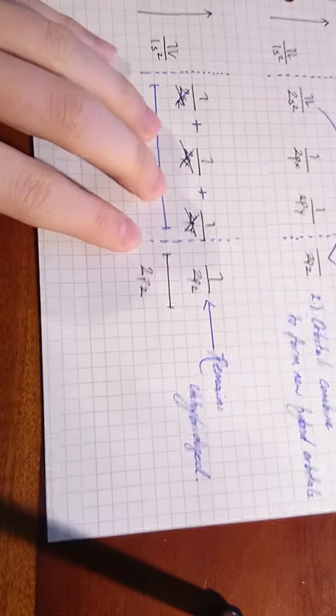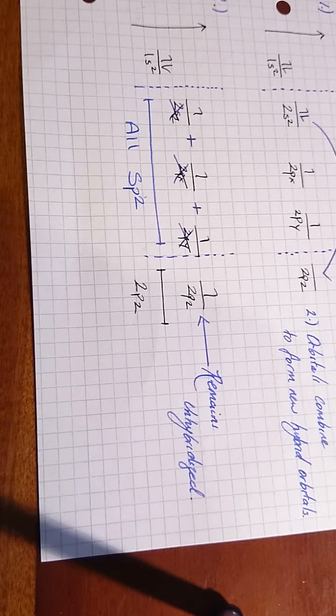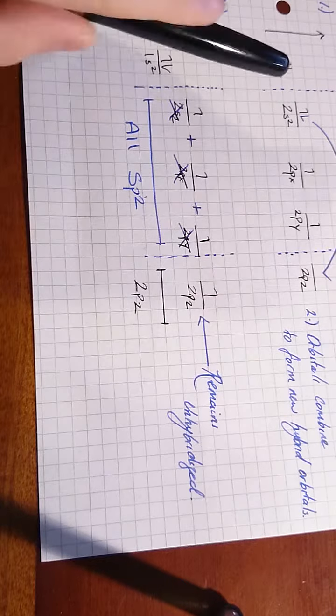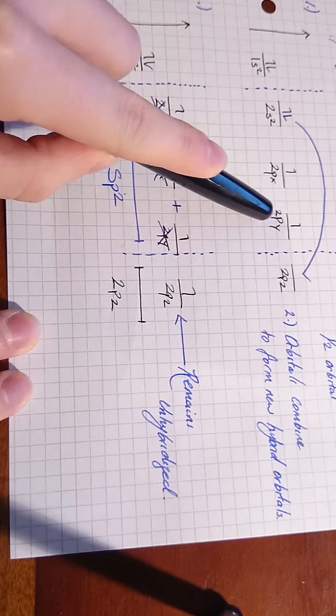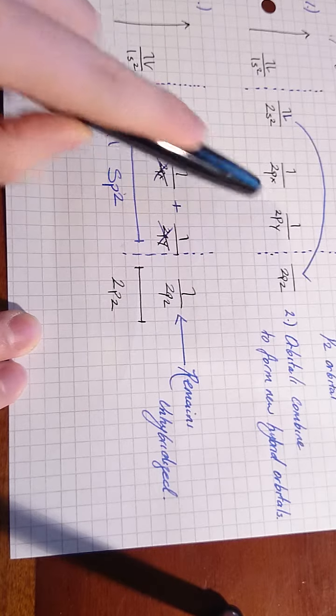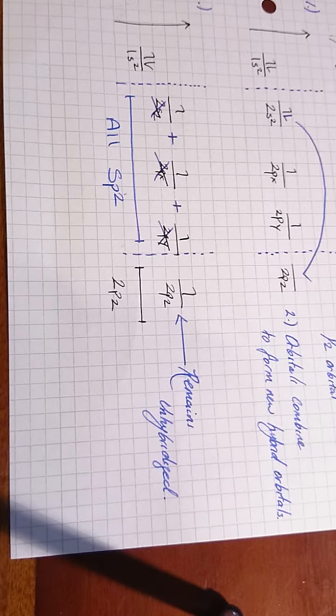Now we have 4 unpaired valence electrons occupying an orbital each. This 2s2 orbital here will combine with the 2px and 2py orbital to form 3 new sp2 hybrid orbitals.